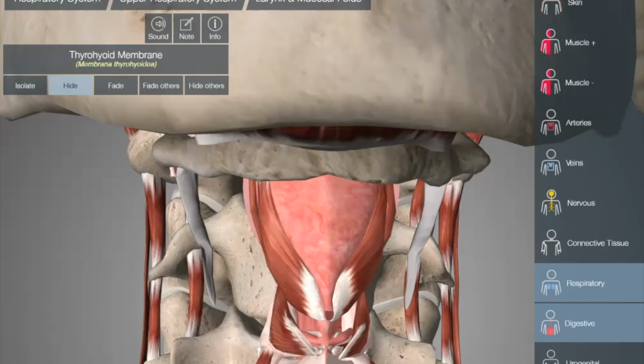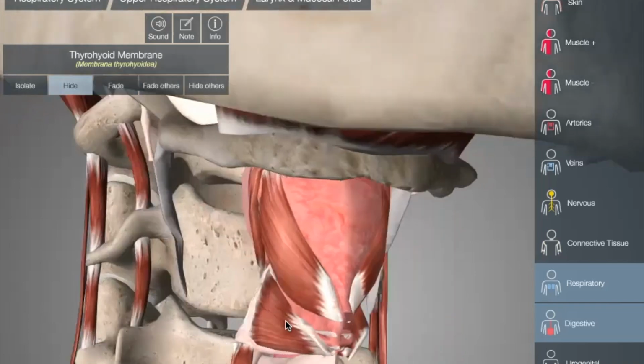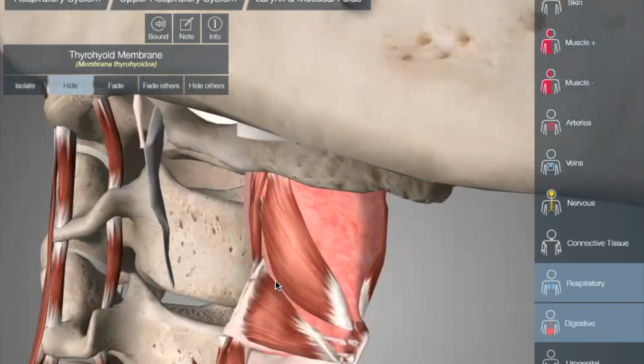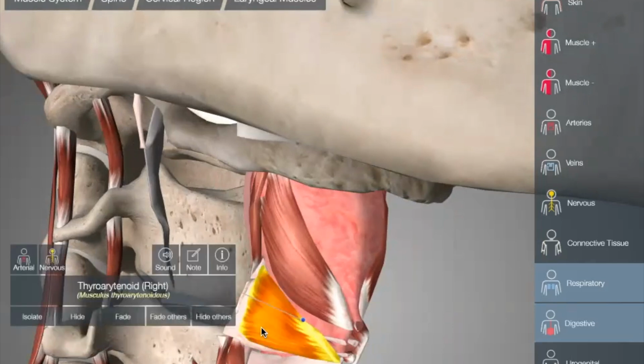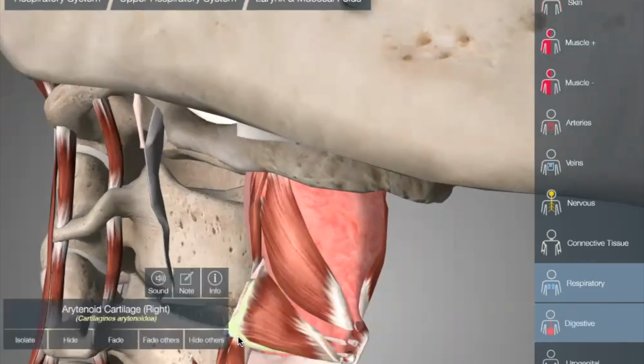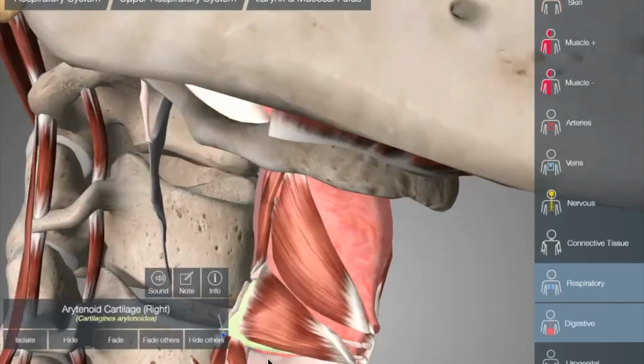In contrast, what does the intrinsic do? The intrinsic muscles, like we discussed, move individual parts of the larynx. Like for example, this one is an intrinsic muscle. It moves the arytenoid cartilage. So the extrinsic elevates or depresses the larynx as a whole. The intrinsic muscles are smaller ones attached to very specific structures.